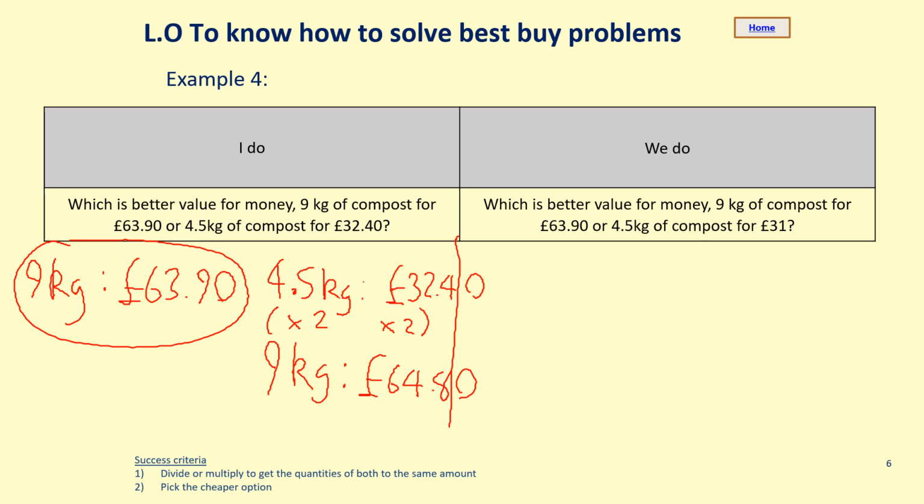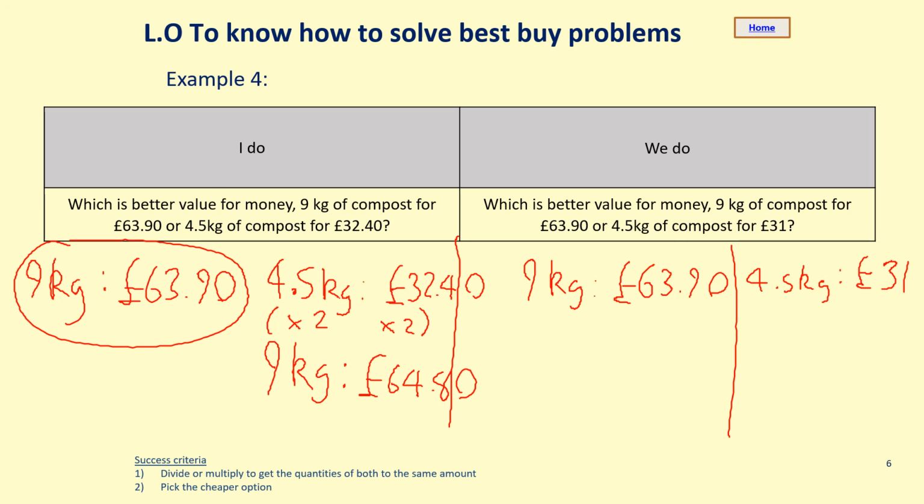Okay, so in the next one, what is better value for money? 9 kg of compost for £63.90 or 4.5 kg of compost for £31. So 9 kg is £63.90 in the first deal, and 4.5 kg, just split that now, just make it clear, is £31 in the second deal.